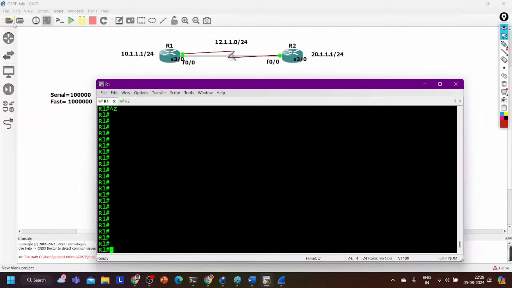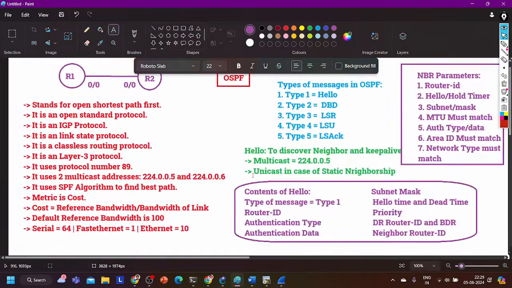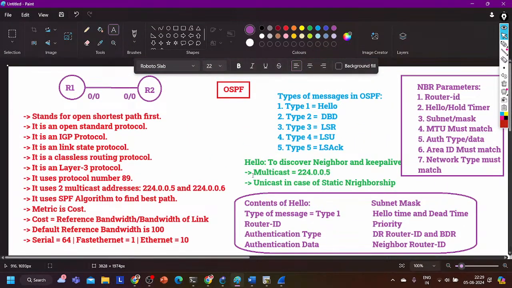Today we have covered many basic things. Let me revise. First of all, the syllabus of OSPF, then the scenario where we are going to use OSPF in a real-time network, and after that some basic concepts, right? We have also seen the difference between distance vector and link state.